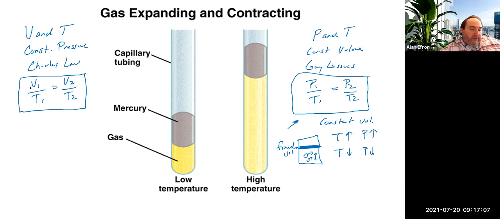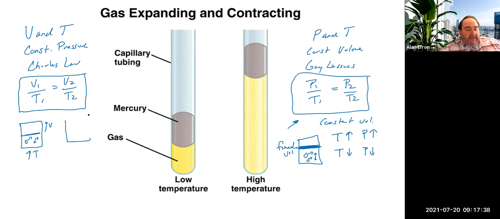Now, what happens in Charles' law situation is we do not have a fixed volume. We have a fixed pressure. That means if we have our volume here and we increase the temperature, the only way to maintain the pressure and keep the pressure constant would be for this volume then to increase as well.